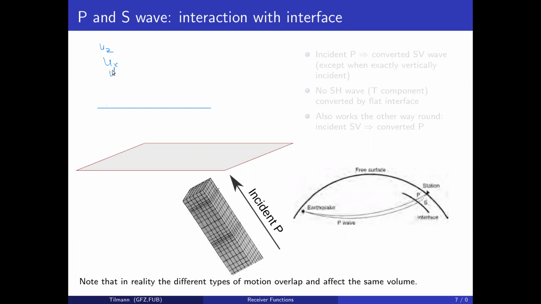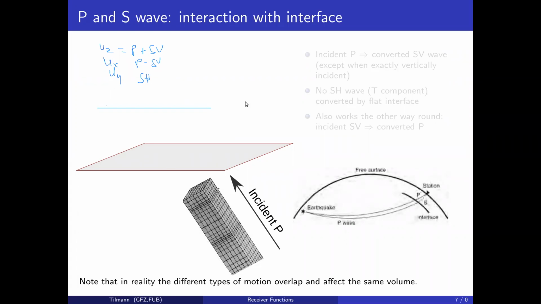So Ux, Uy, Uz: this is a combination of the P and SV potentials. This is also a combination of the SV potential. I don't remember if it's plus or minus. And this is the combination of the SH potential, okay?